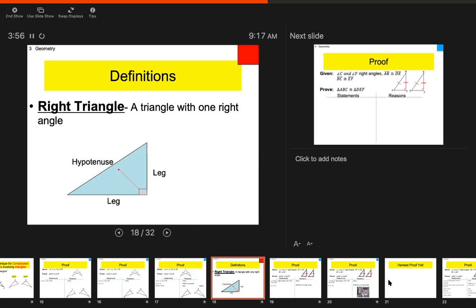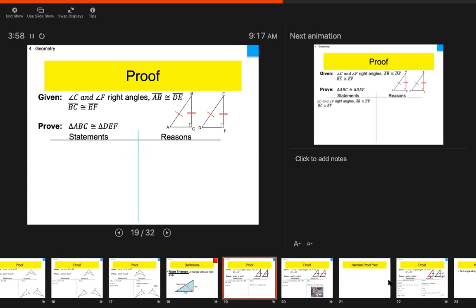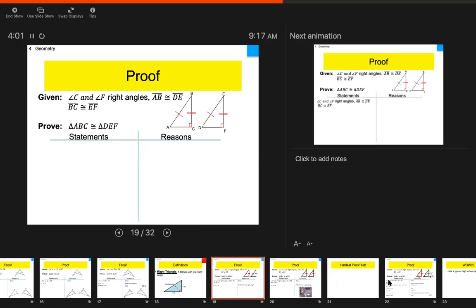We okay? All right, this is an ugly proof. Second ugliest one in the book. Hey, we got two right triangles. Looks very easy, right? Let's see what we can prove. Right triangle. Hey, what are we given? Read it, Bailey.